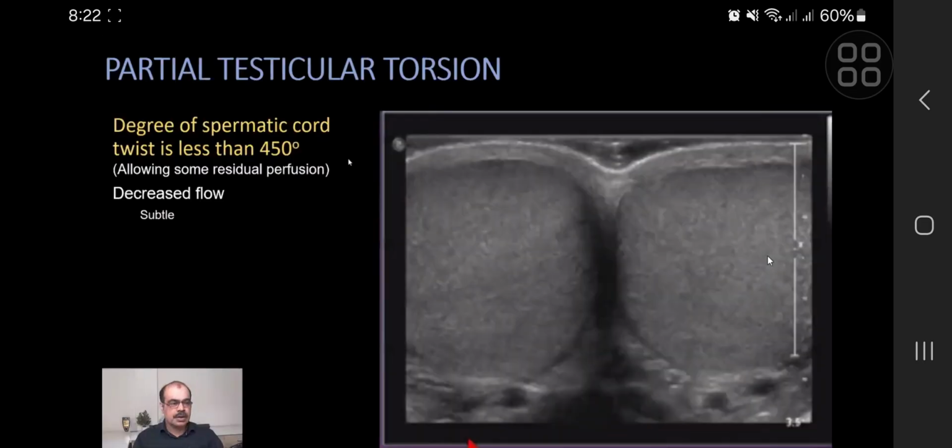Okay, so the next thing we need to discuss is partial testicular torsion. Partial testicular torsion occurs when the twist of the spermatic cord is less than 450 degrees, so it's like a 1.5 twist or less. In that case, you have some flow going into the testes, but the grayscale is less likely to show any significant findings.